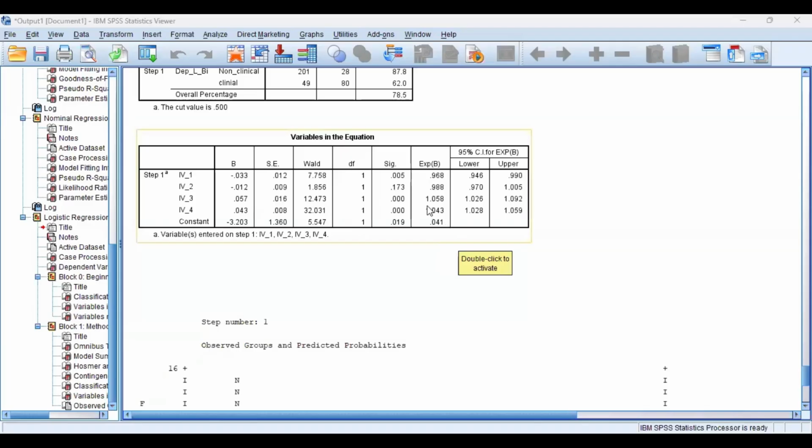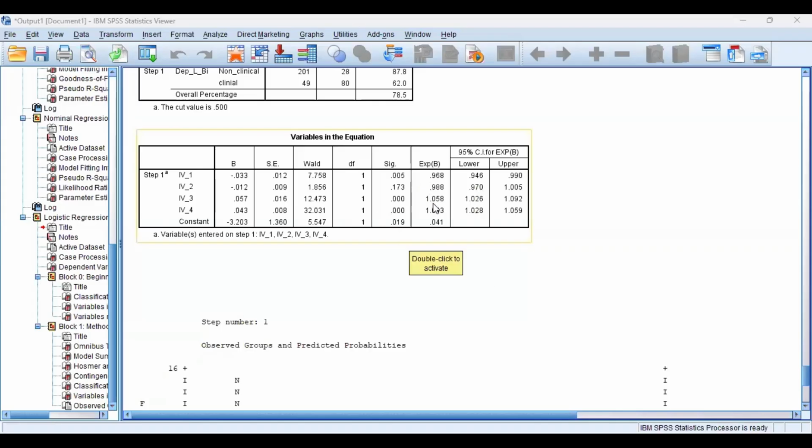However, there is also another way to interpret the direction of your odds ratio. If your odds ratio is less than one and significant, like for example the first one, which is less than one and also significant because it doesn't include one, that means there is a reverse prediction. That means that higher levels of your IV predict a lower possibility of your DV.